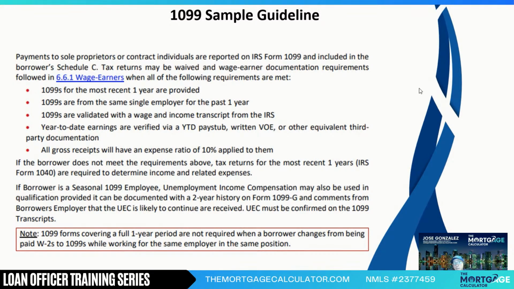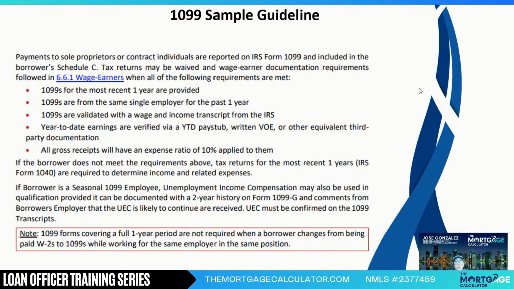But other third-party documentation could be, for example, from an accountant, from a CPA. If that employer or the company that's contracting them cannot provide a written VOE, maybe they have an accounting staff or a CPA that can provide a letter on the CPA letterhead stating the year-to-date earnings that have been paid out to that borrower.